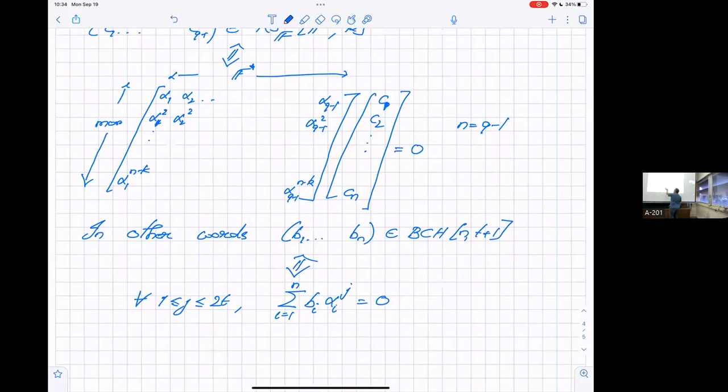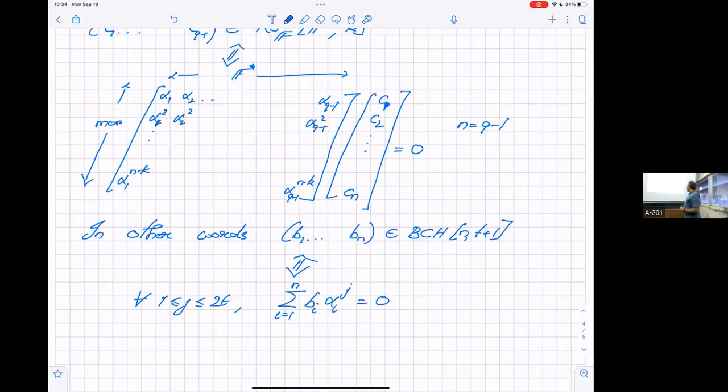When you write this down, this is an r-bit vector, and you're saying each of the r entries has to be 0. So in some sense, each constraint is actually r constraints. Therefore, it's 2tr constraints totally, and that's why I said it's easy to see that it is 2tr. Each constraint is r constraints, there are 2t constraints, therefore the BCH code is defined by 2tr constraints. Therefore, it's just the dimension minus 2tr.